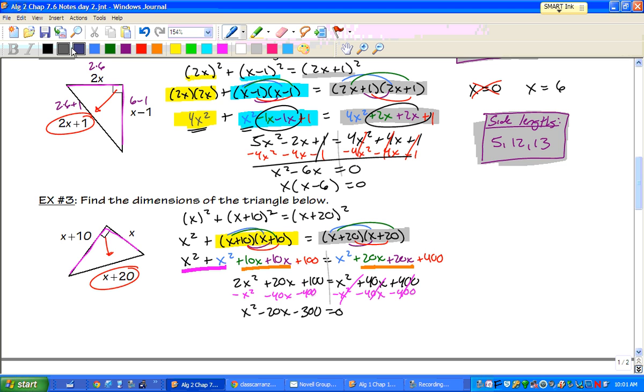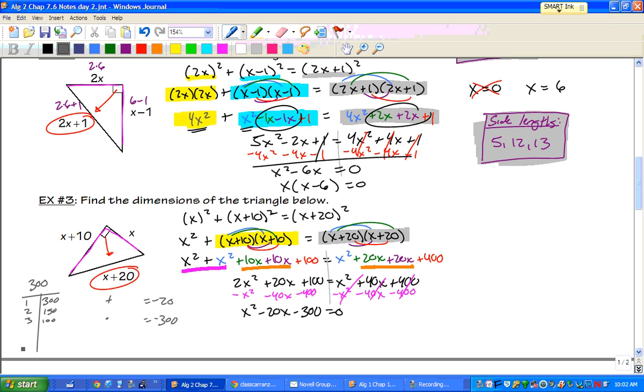Okay, so we need to find out what numbers, let me rewrite that, add up to negative 20 and multiply to negative 300. Since there's no GCF, that's what we got to deal with. Okay, now, do you really want to sit here and do all of the factors of 300? You're going to be there for a while.